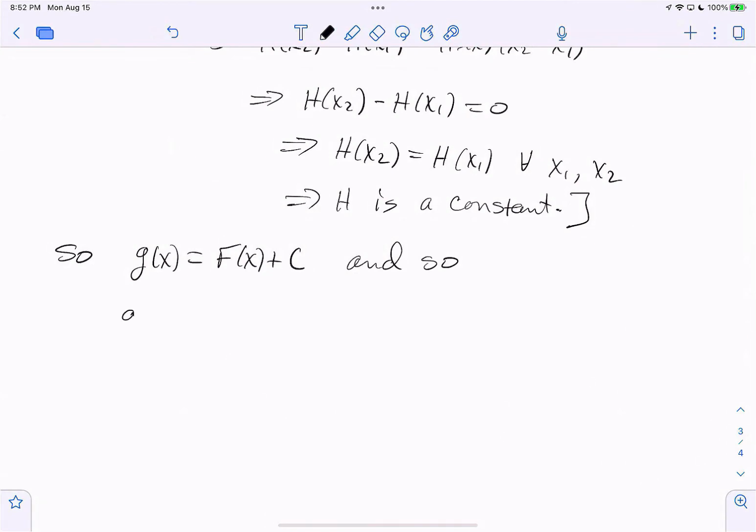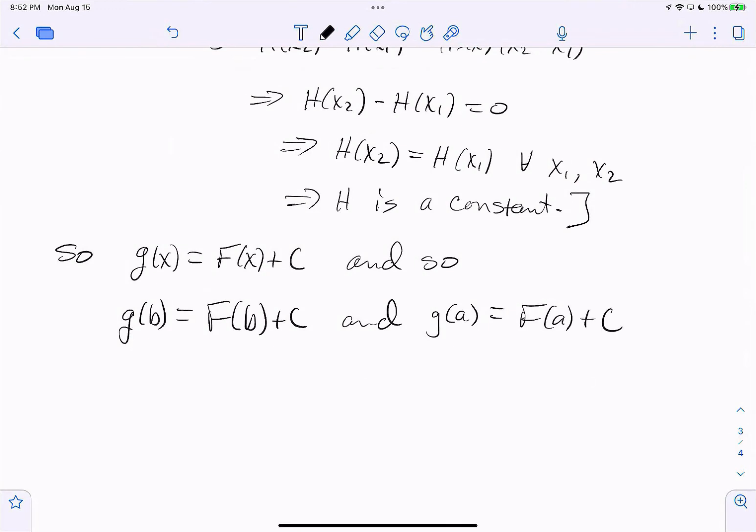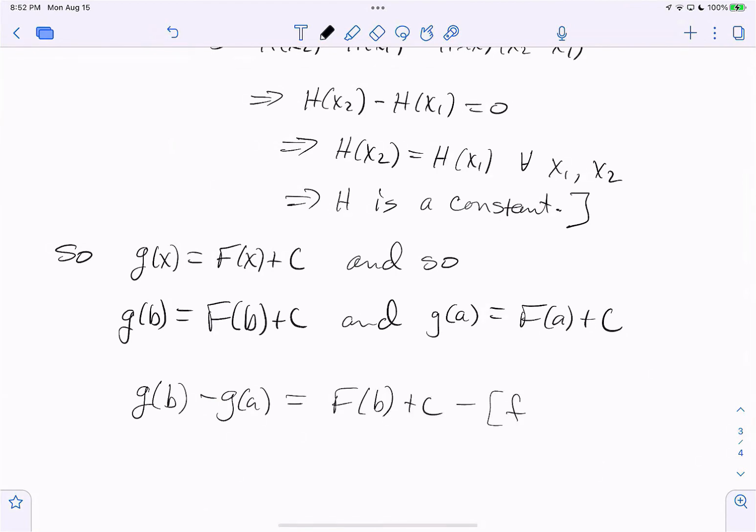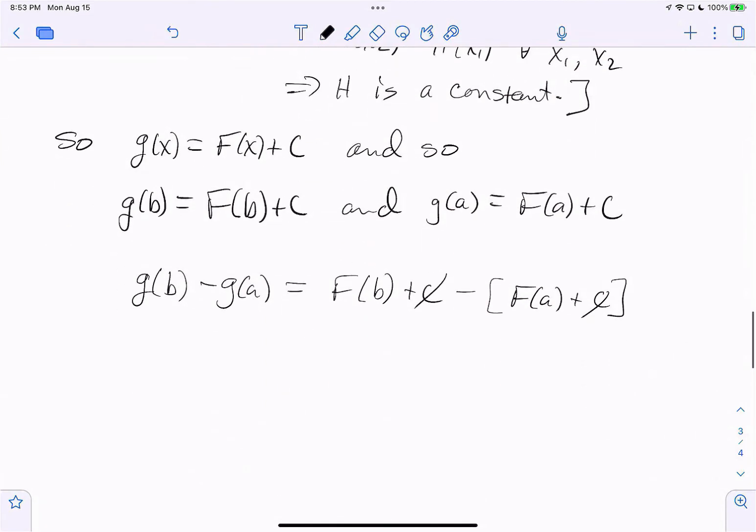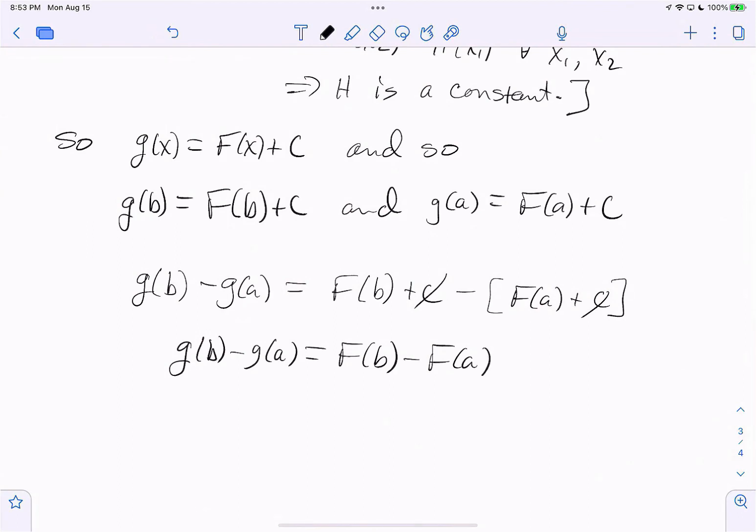And so g of b is equal to F of b plus c, and g of a is equal to F of a plus c. g of b minus g of a is then equal to F of b plus c minus the quantity F of a plus c. The c's subtract out, and so g of b minus g of a is equal to F of b minus F of a.